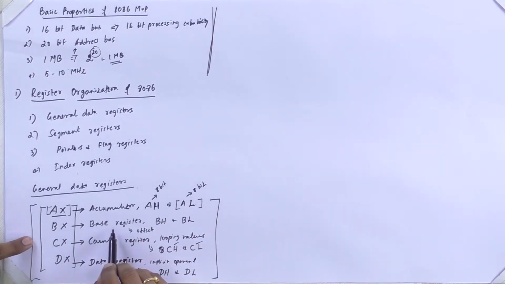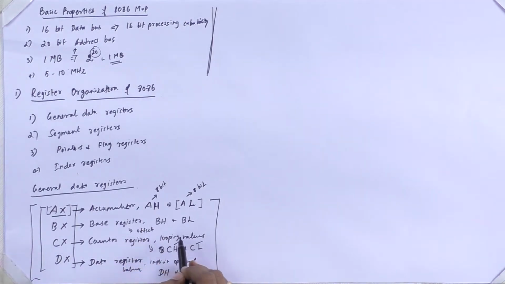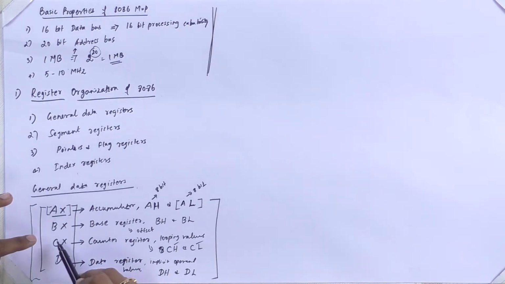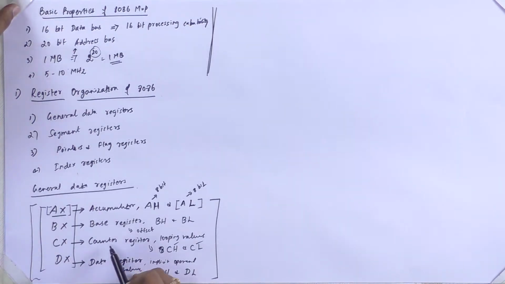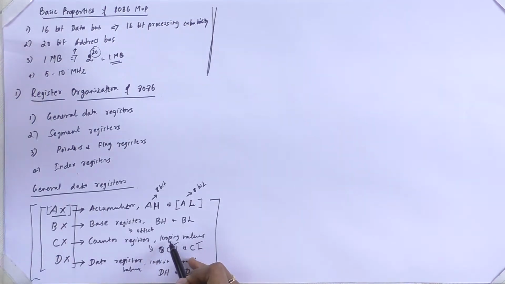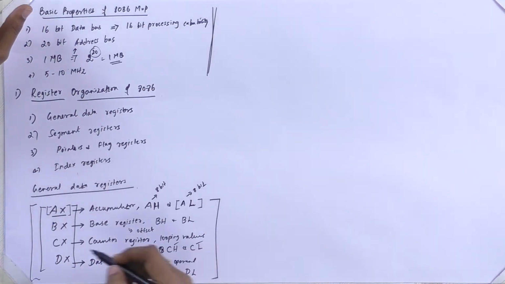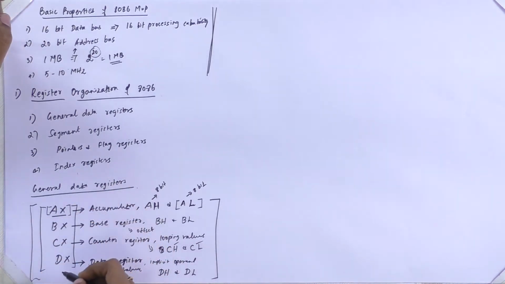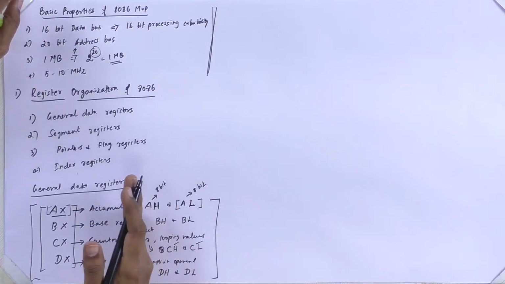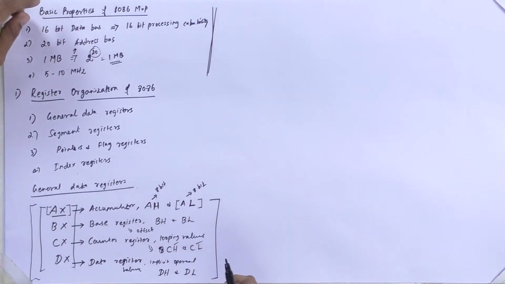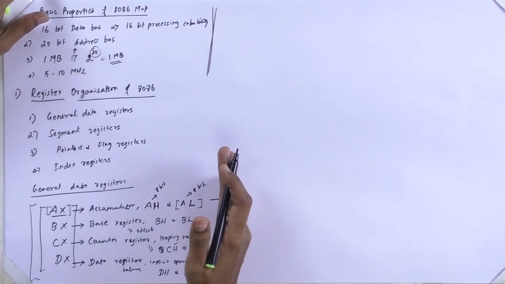BX refers to base register, which stores the offset value in case of physical address formation, and CX is used as counter register in case of any looping values in 8086 programming. And DX is used as data register, which is used to store the implicit operand values, and each of these general data registers is classified into higher order registers and lower order registers. So this is about general data registers.